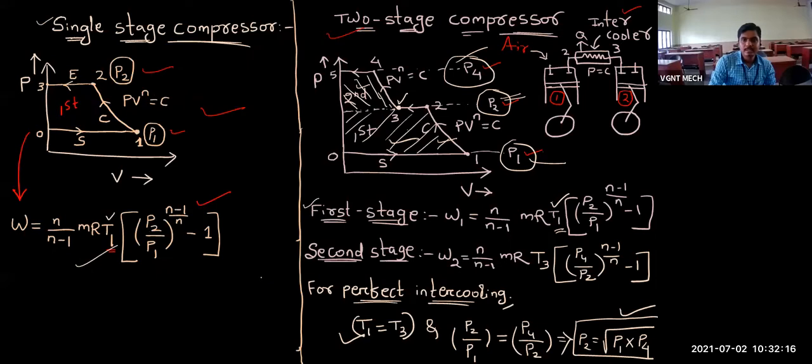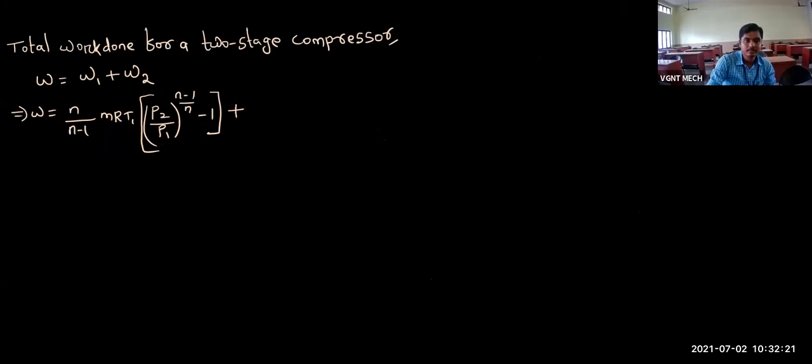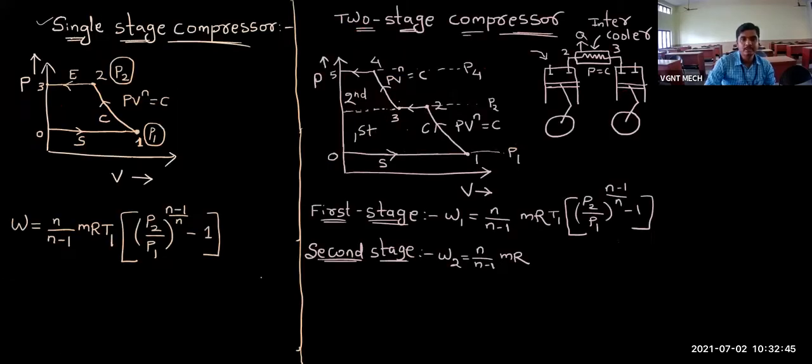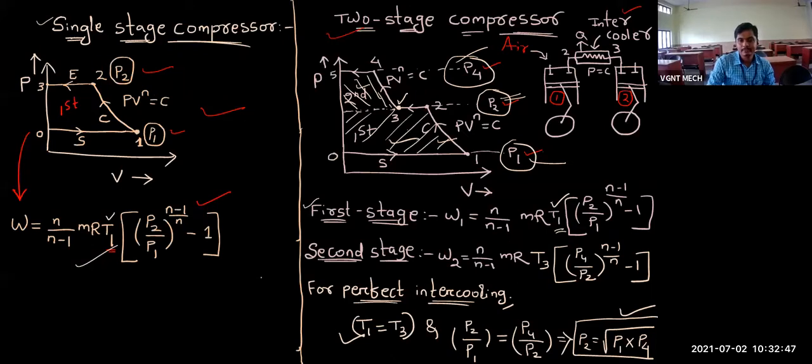W2 is n by (n minus 1) m R T3 times [(P4 by P2) whole to the power (n minus 1) by n, minus 1]. Now, if you can see, both these terms are equal, because for perfect intercooling, what have we written? For perfect intercooling, we have taken T1 equal to T3.